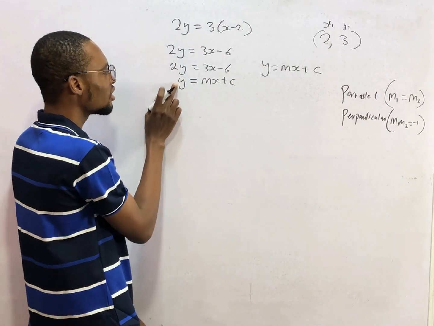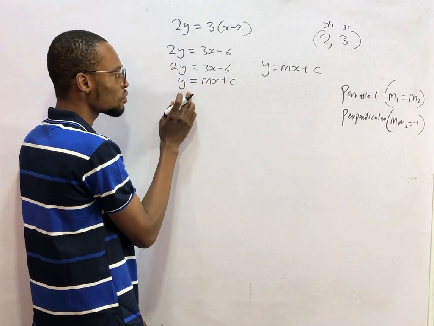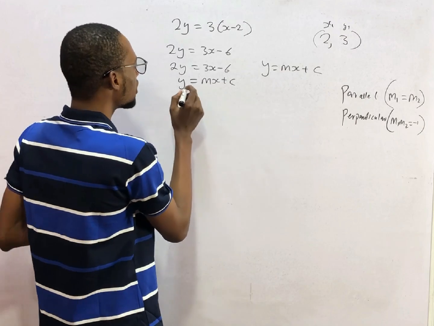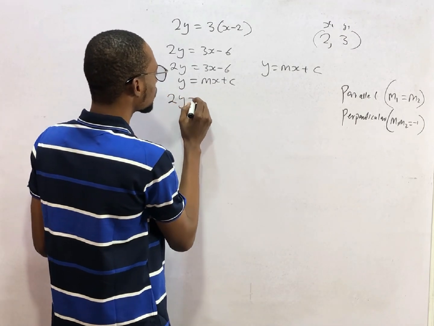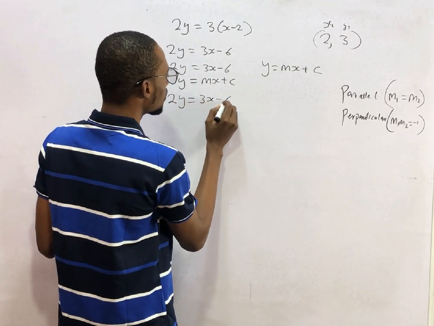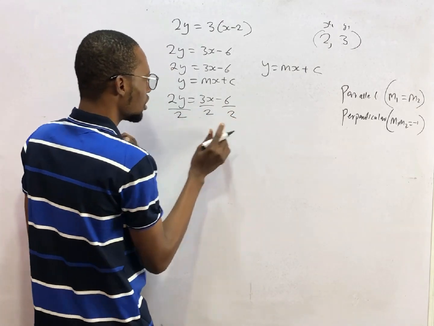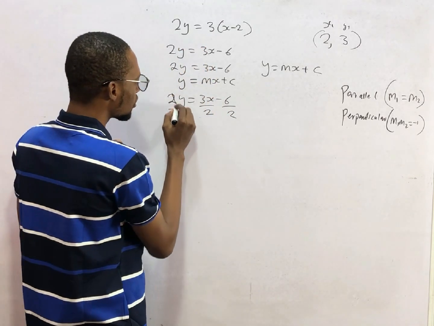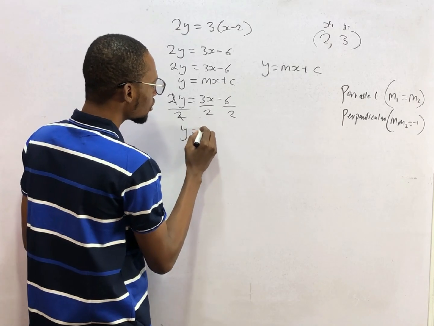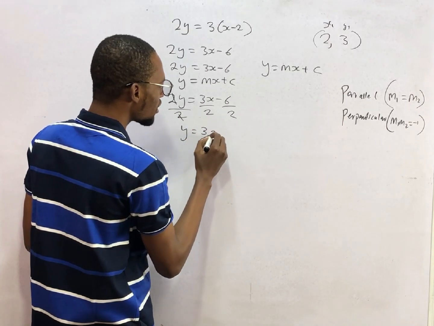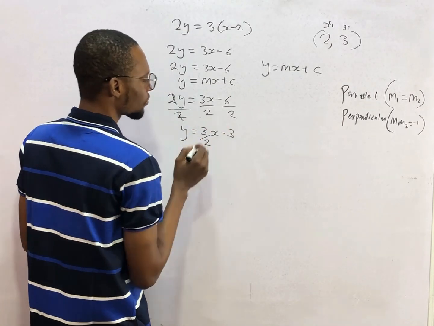Here is 2y. We need to change it to y so that it matches this one. Therefore, dividing throughout by 2, here becomes over 2, over 2, over 2. The equation of line becomes y is equals 3 over 2s minus 3.